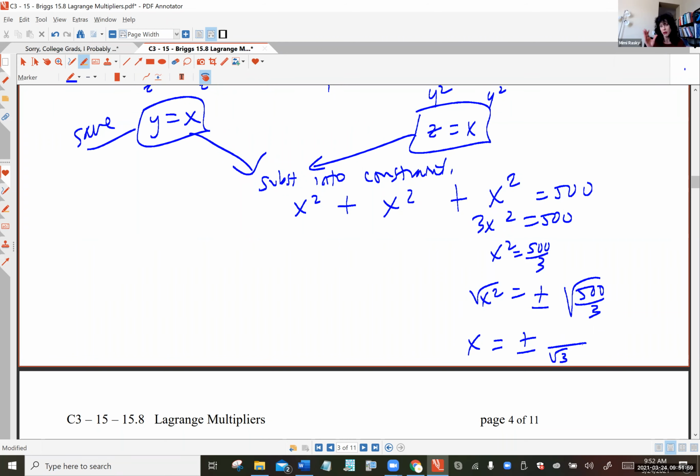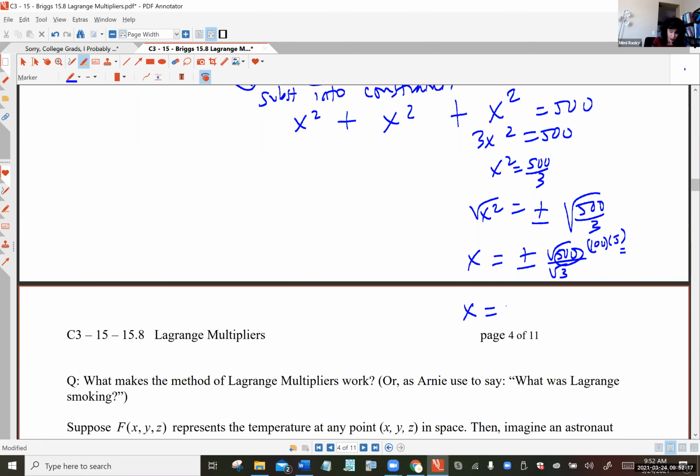If it were some other problem, though, you'd keep both, and the negative would probably give you a minimum or something like that. Since 500 is 100 times 5, I'm going to simplify the radical, and I'll choose the plus only. So this is going to end up being 10 times the square root of 5 thirds. Not a very nice number, but it's feet.